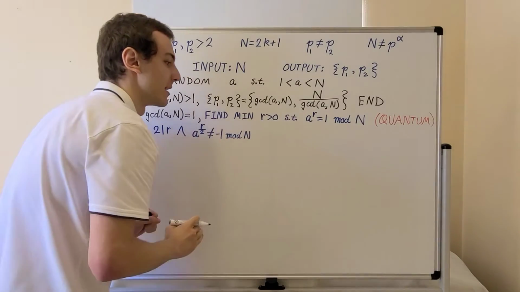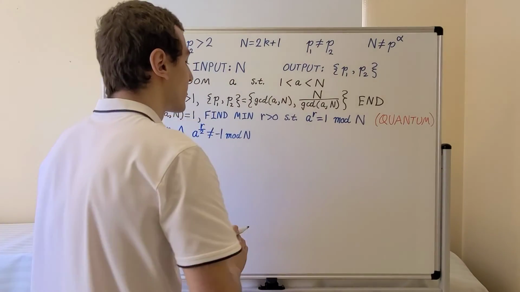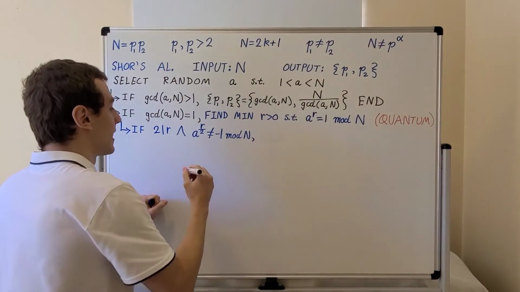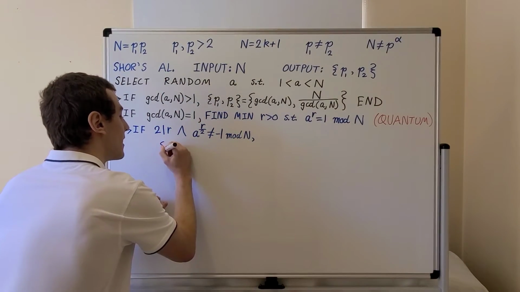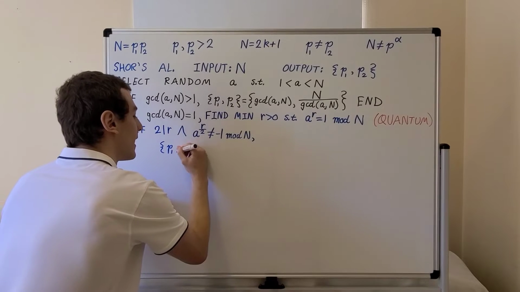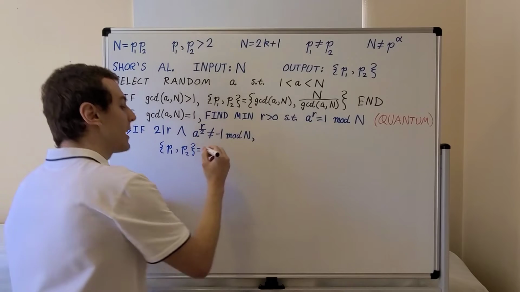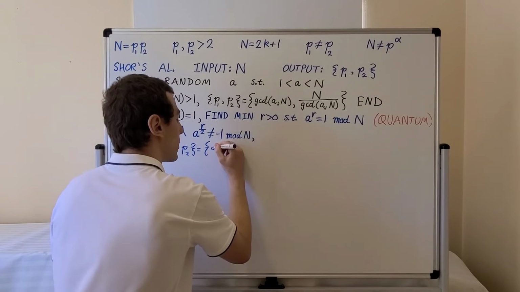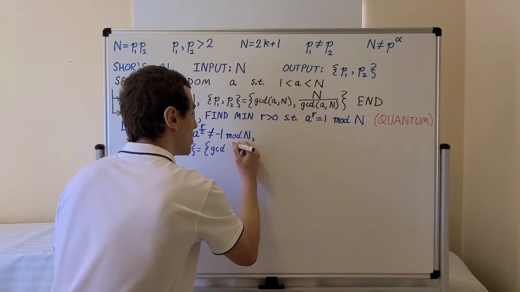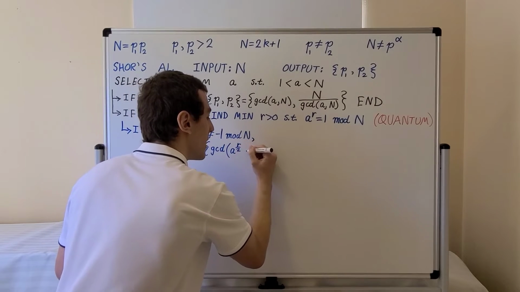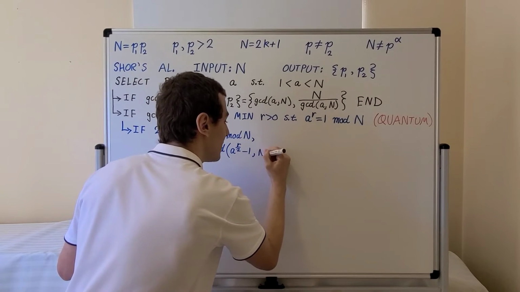Now, if that is satisfied, then what we can do is identify that P1 and P2 can be computed by finding the greatest common divisor of a to the power of r on 2 minus 1 with n.